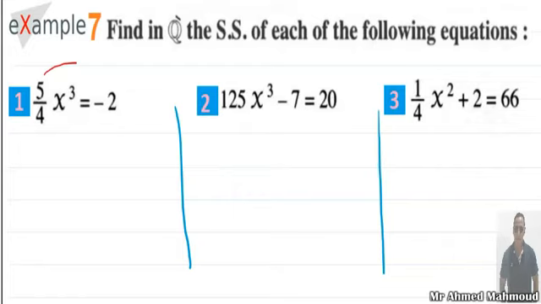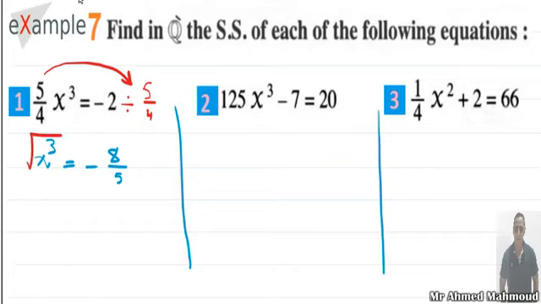First I'm going to send 5 over 4 to the other side by division, then x to the power 3 equals negative 8 over 5, and then I'm going to take the cubic root of both sides.